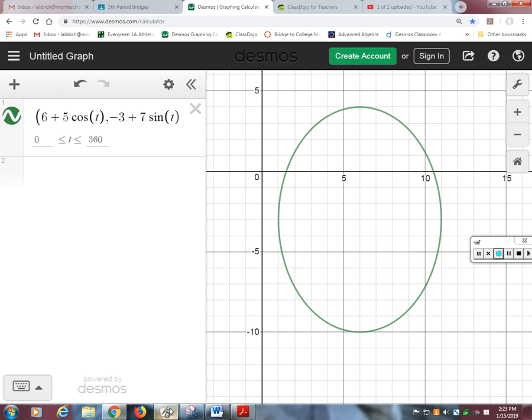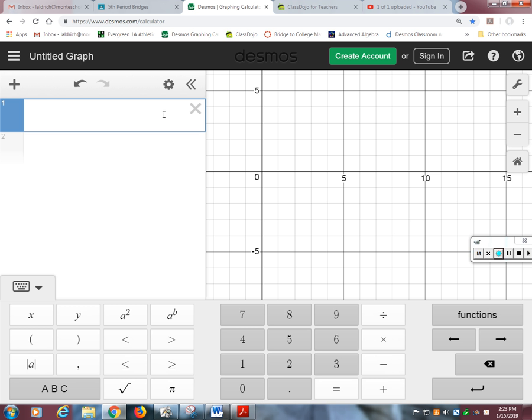So the first thing I'm going to put in is the circle first, since you kind of freaked out when I went over here.